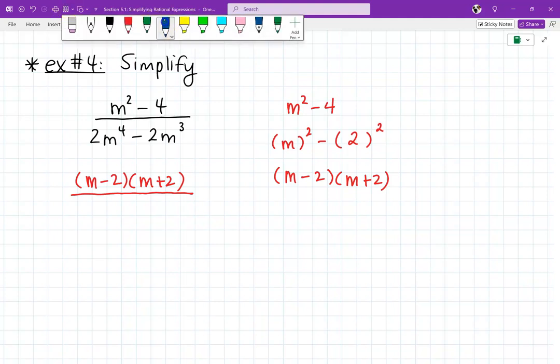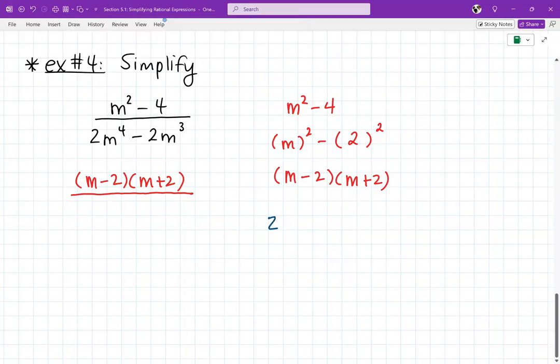Now, I'm going to get the bottom part. Okay? So 2m to the 4th minus 2m to the 5th. Alright, it's not a trinomial, right? It's not 3 terms, so I don't have an X method. But it is 2 terms. Can I factor anything out? What can I get out?